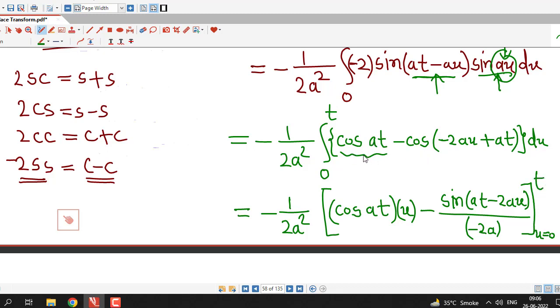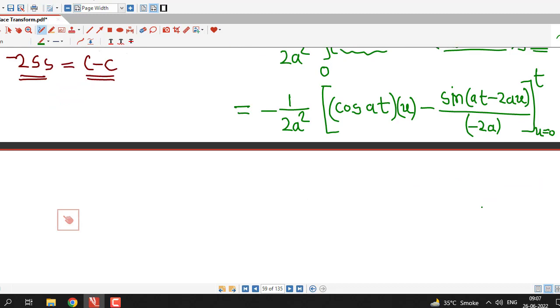Again we repeat, cos at is constant because the integral is with respect to u. So we write cos at as it is, integral of du is u, minus integral of cosine function is sine function, so sine of this angle divided by the coefficient of u, which is minus 2a, that I have written in the denominator.